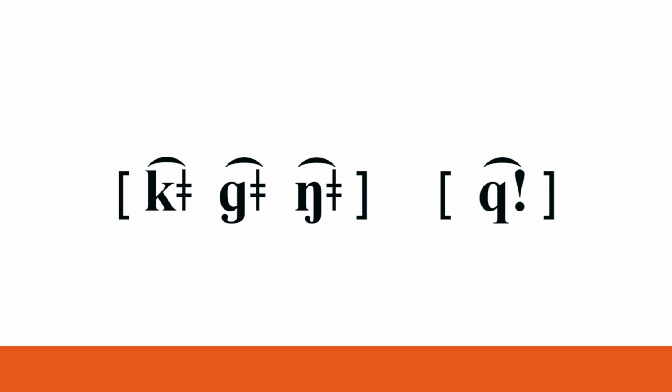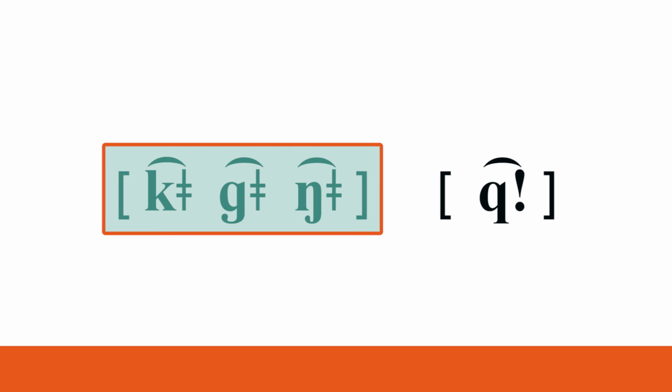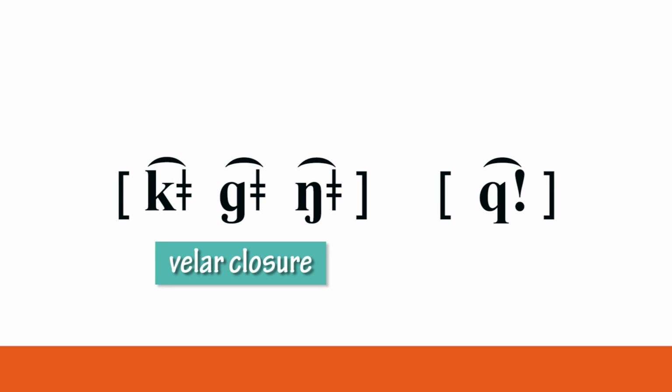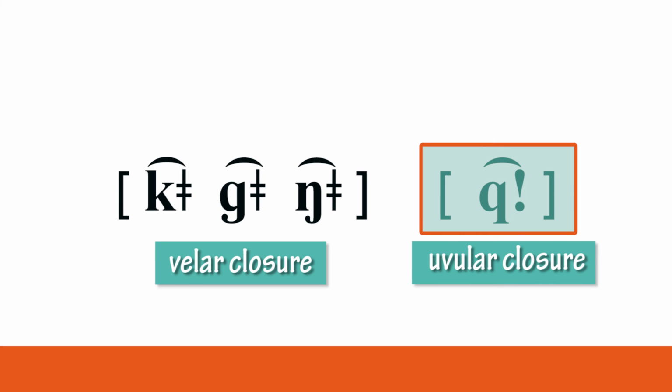And then if you want to exactly clarify if your click is velar or uvular, you can indicate the velar symbol followed by the click using a tie bar on the top. So the first three clicks here are velar because the consonants are velar. And then here you have the uvular click.